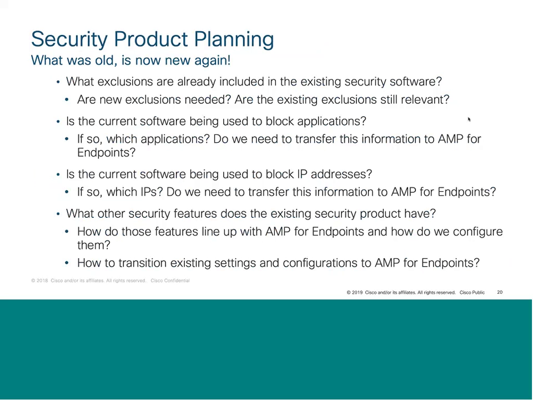Is that information still relevant to us? And if so, do I need to implement it in the endpoint security product? Or should this be something I need to move to my firewall for blocking, or move to my proxy for URL blocking, or maybe to DNS for both of those?